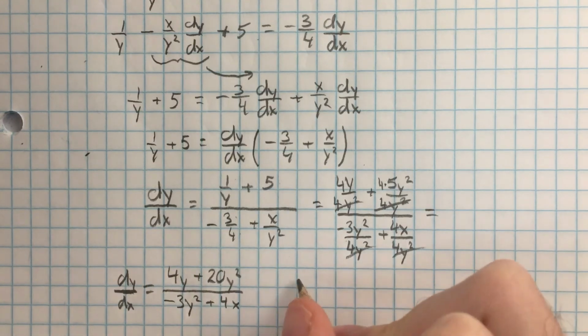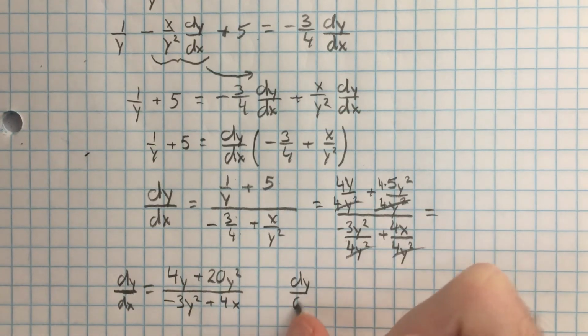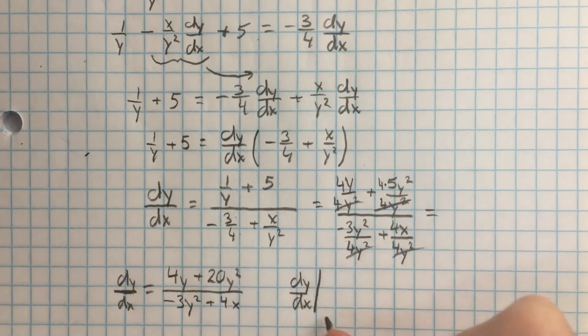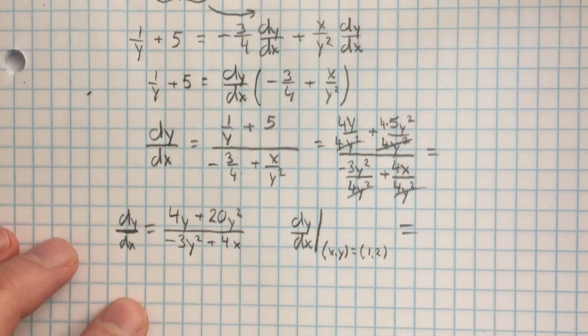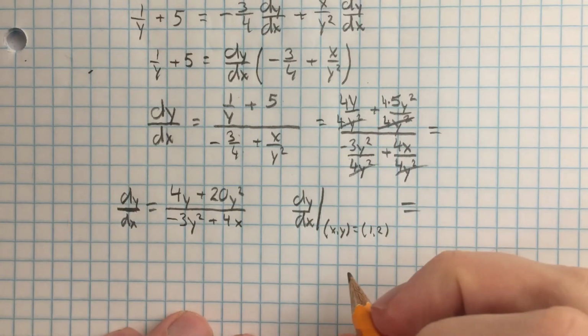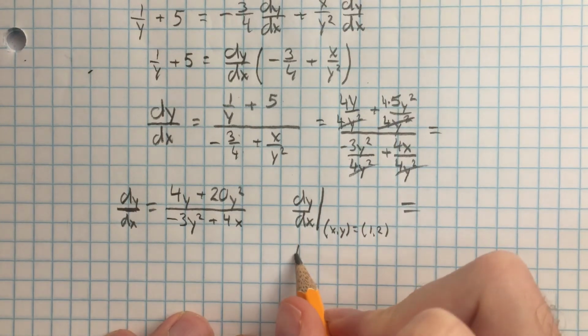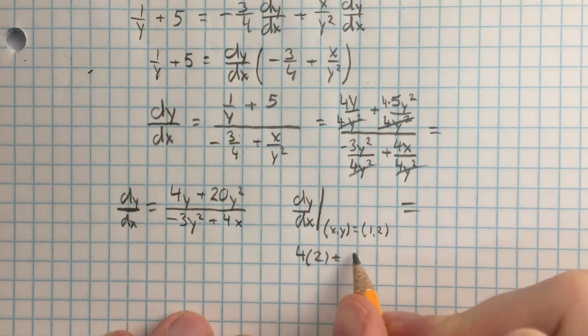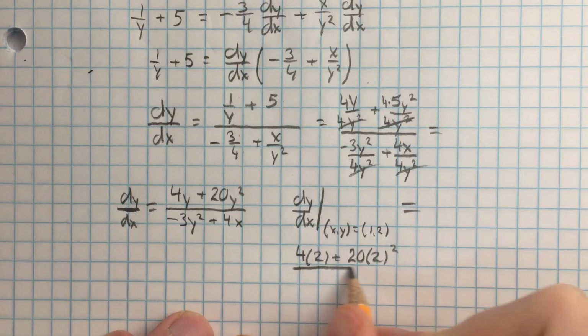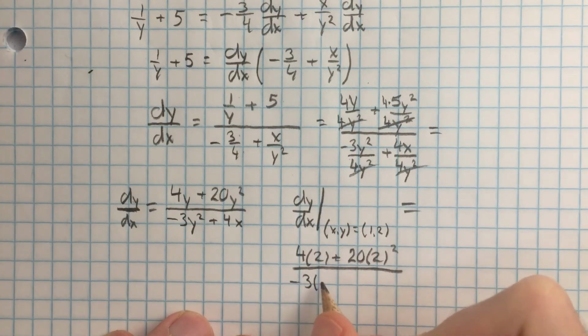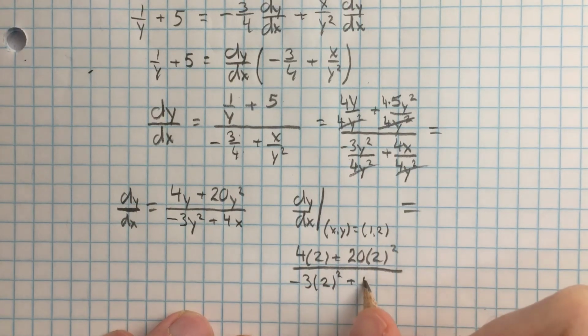If that's the case, I now want to know what dy/dx is at the point (x, y) equals (1, 2), apparently. So plugging that in, we'll have 4 times 2 plus 20 times 2 squared, over negative 3 times 2 squared plus 4 times 1.